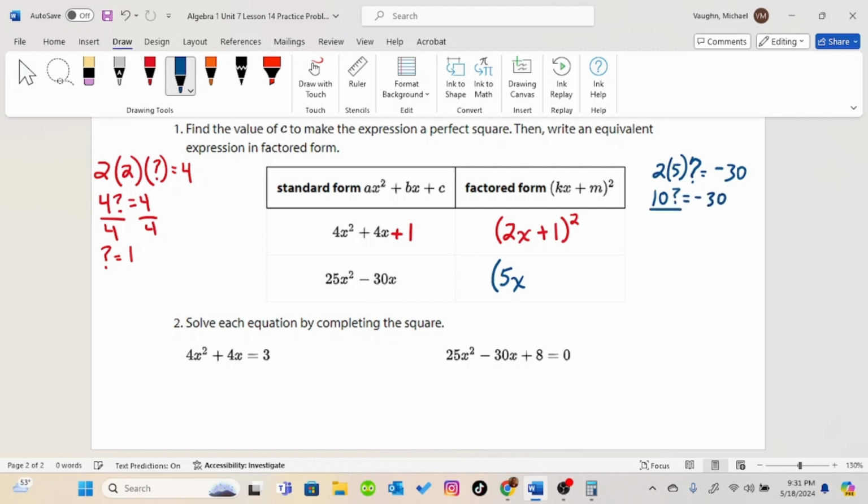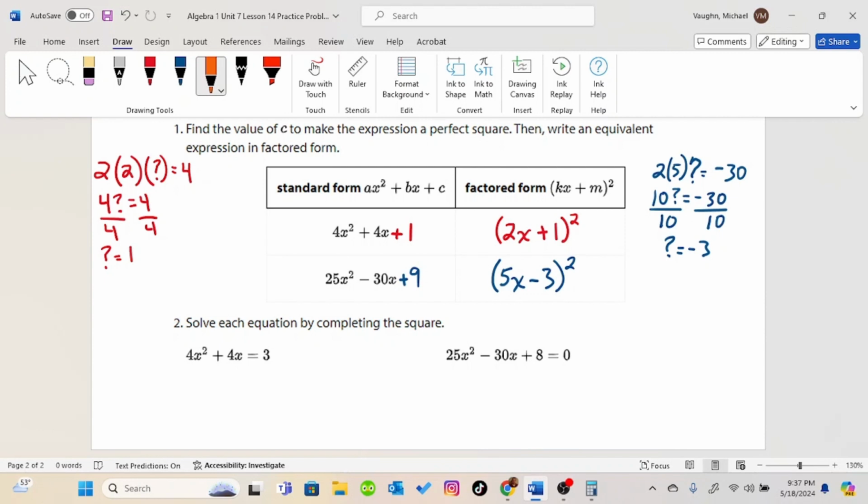And if we divide both sides by 10, that something is negative 3. So my factored form is going to be 5x minus 3 squared. Now, negative 3 squared is 9, so my c term is plus 9.